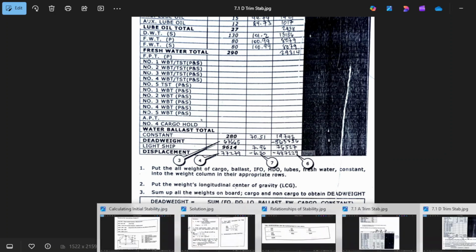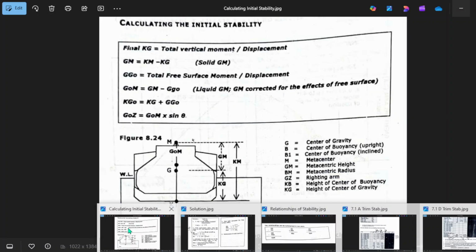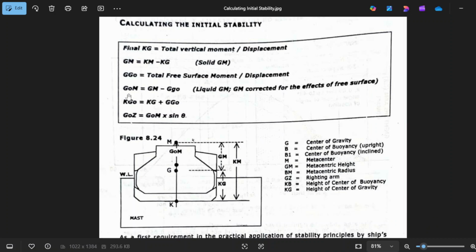To explain further, this is the explanation of GM, GG0, G0M, KG0, and G0C. So this will explain which part is which. If you have time, please read about calculating the initial stability.